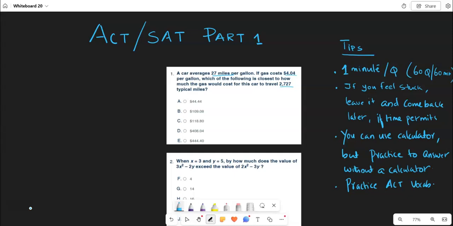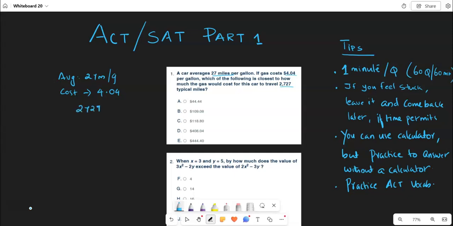In this case, the average is given as 27 miles per gallon, the cost is given as $4.04, and they are traveling 2,727 miles.